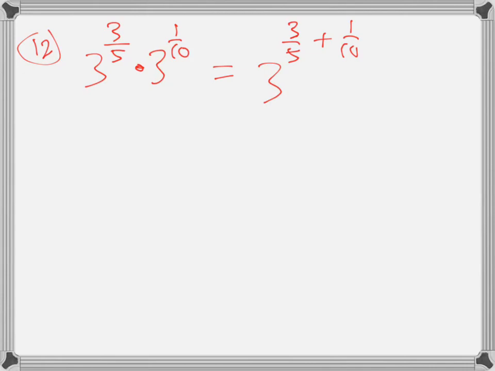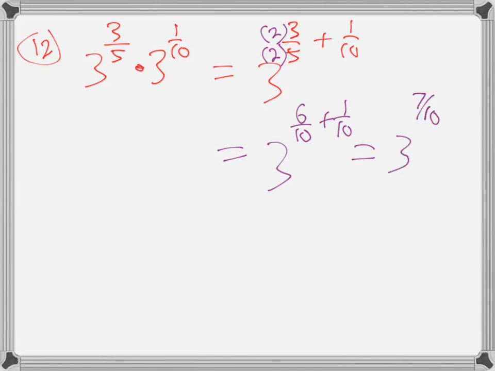So I'm going to multiply top and bottom of him by 2. So that's 6/10 and 1/10, 7/10. Done. We okay there? So it's the same rule. Two same bases multiplied, powers add. It's just a little more work to add those.